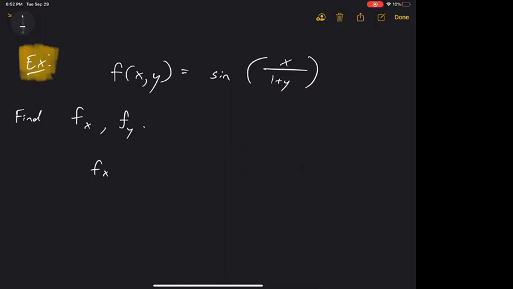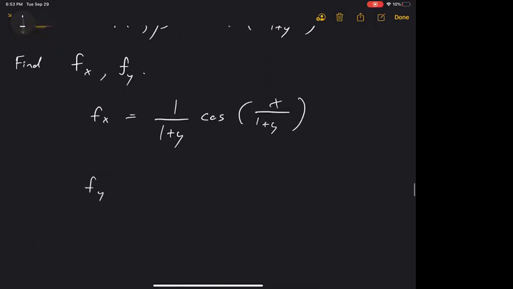I'm differentiating this with respect to x. I'm treating y like a constant. So my derivative should be what? Cosine of x over 1 plus y times the derivative of this stuff. So times 1 over 1 plus y.